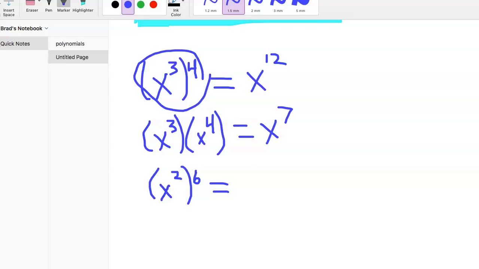So when you see them right next to each other like this, you multiply them, and we get x to the 12th. Whereas if it was x squared times x to the sixth, similar to this style right here, then we would add them and get x to the eighth. So that's the big difference.